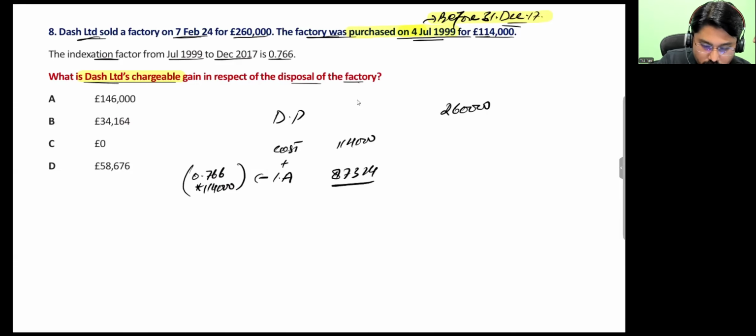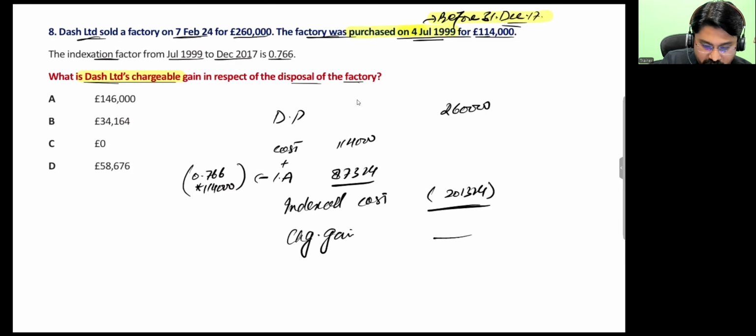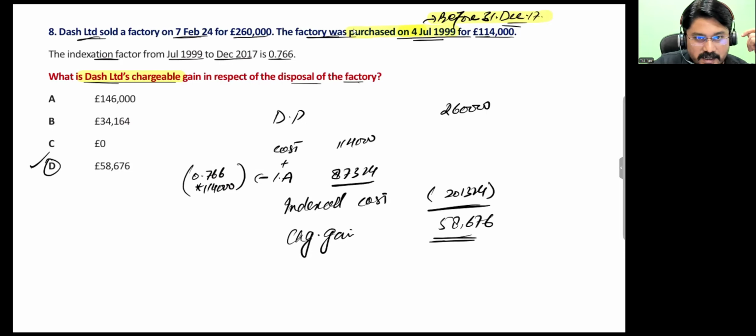The sum of these two is the indexed cost. When indexation allowance is added to any cost, the resulting cost is the indexed cost. Indexed cost is 201,324, and the difference is the gain amount. The chargeable gain for the company's factory disposal is calculated as 58,676. D is the correct answer, and the majority have selected it correctly.